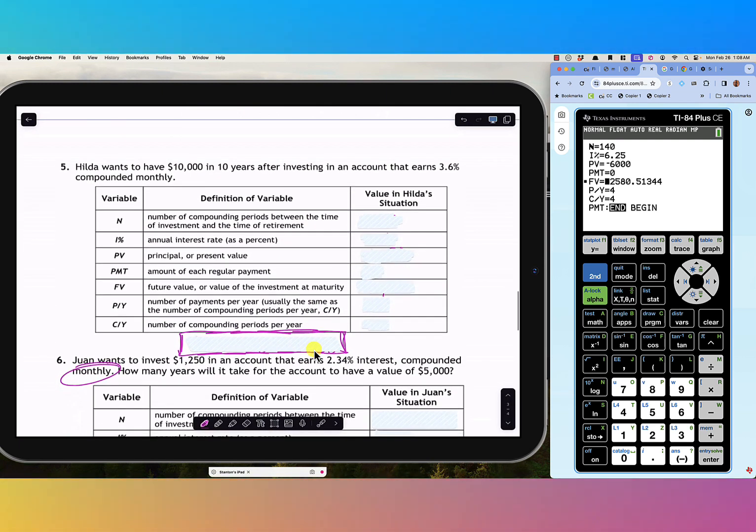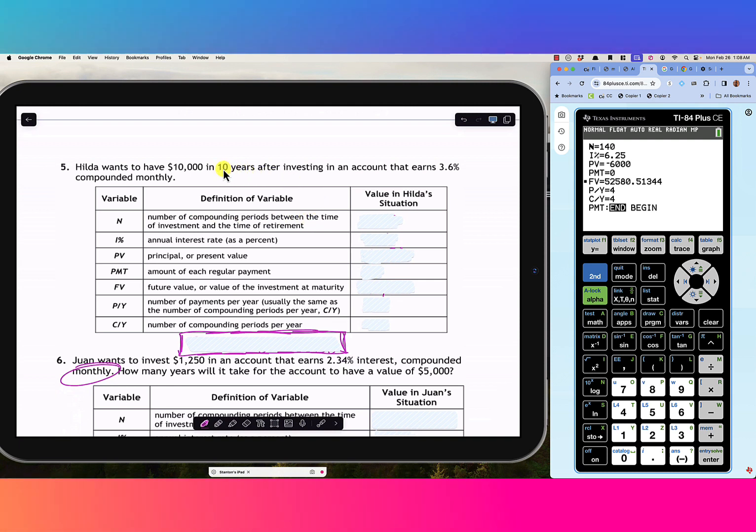All right, number 5. Hilda wants to have $10,000 in 10 years after investing in an account that earns 3.6% compounded monthly. Let's fill in all of the table information before we go to the calculator. N is the total number of compounding periods.